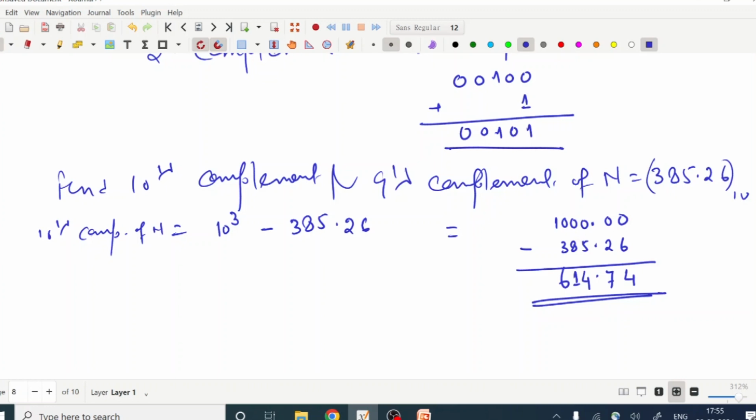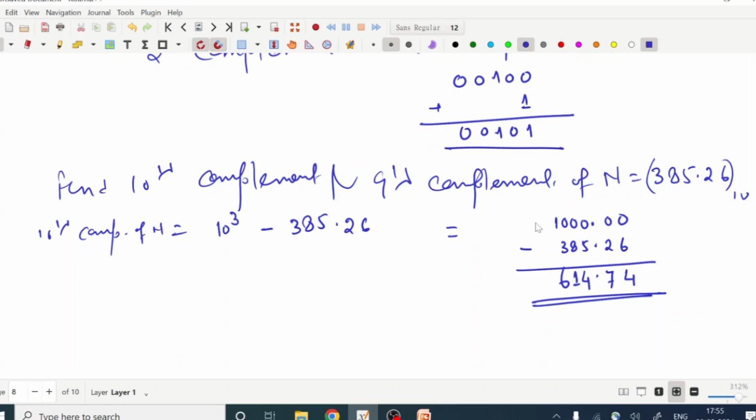So we get 614.74. This is the 10's complement of the number 385.26. We obtain the same number by subtracting the first non-zero digit from 10 and the rest of the digits from 9.